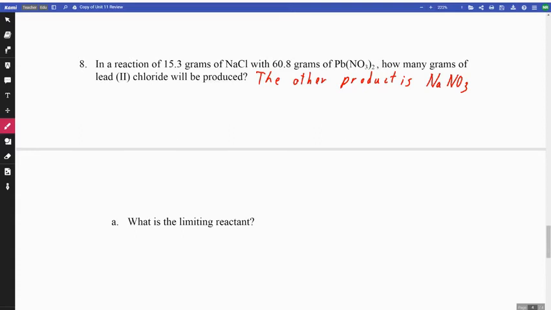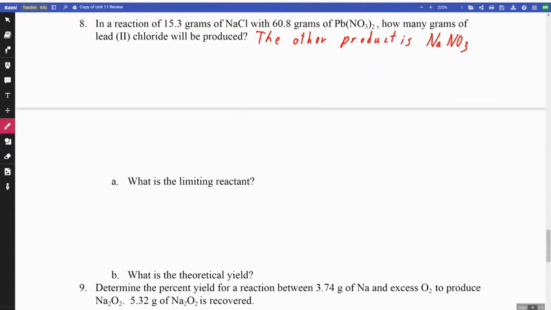So first, we have to do our reaction, our equation. So NaCl is one of our products. So Na, we'll do it right here. NaCl reacts with Pb(NO3)2 to yield lead 2 chloride.